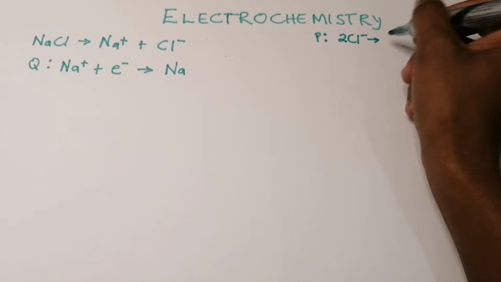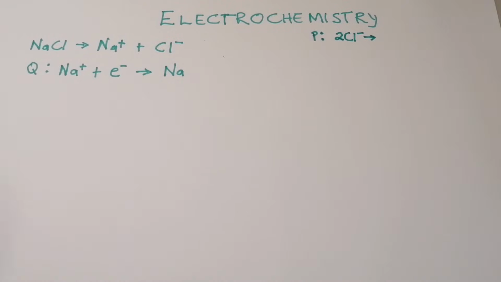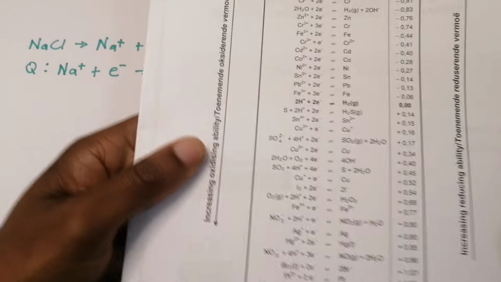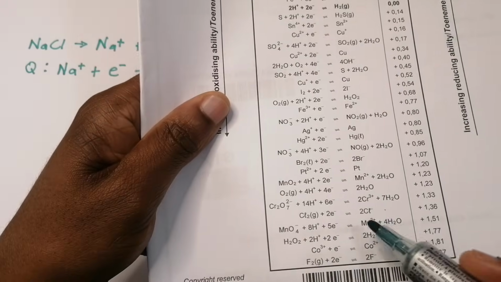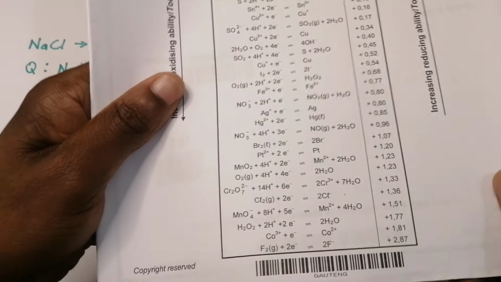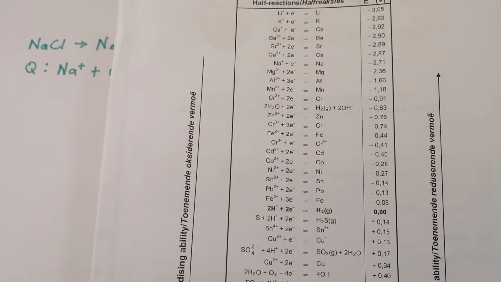Now, I'm sure someone is frantic out there asking, but how do you know it's going to be 2Cl-? As I did say, ladies and gents, all you simply do is go to the back of your question paper. You've got that reaction there, and it doesn't matter which half-cell standard reduction potentials table you take.